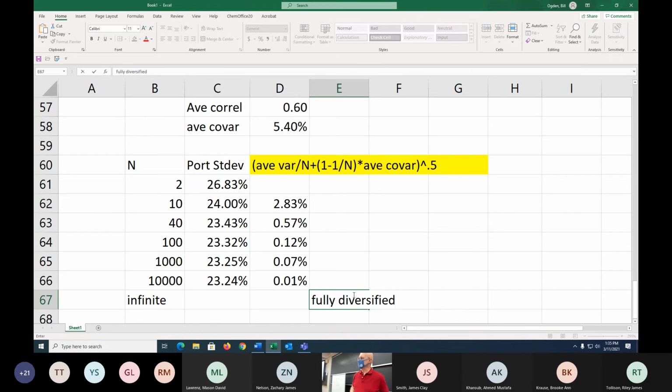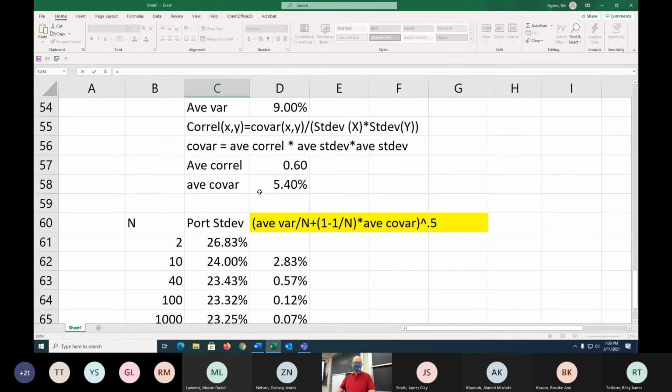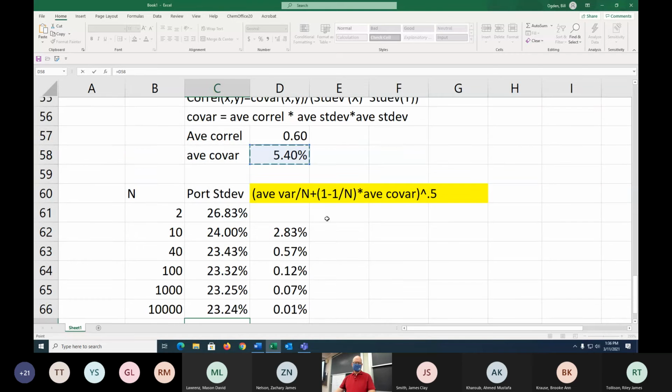The fully diversified portfolio has nothing remaining but market risk. Nothing but market risk. Okay, and it's just equal to the average covariance and the square root of it.